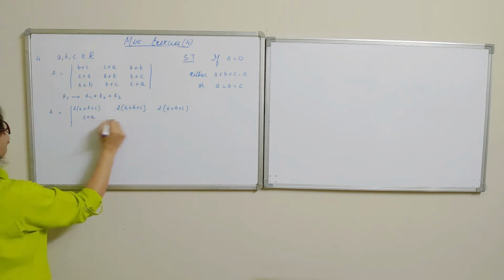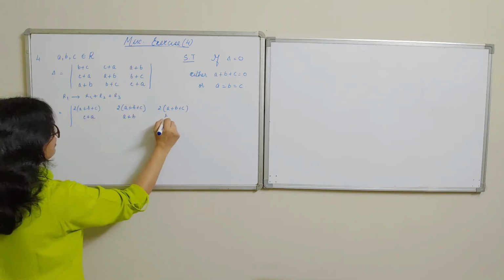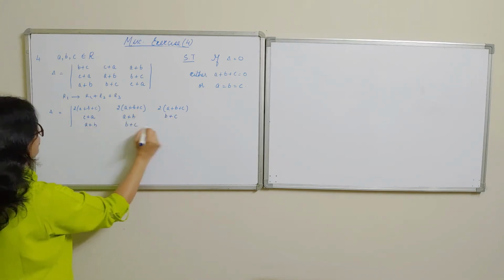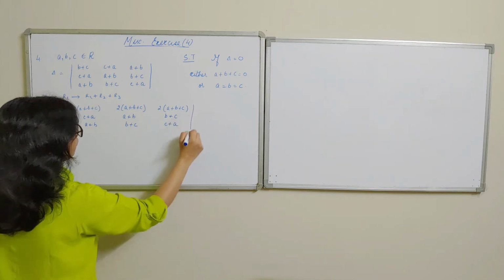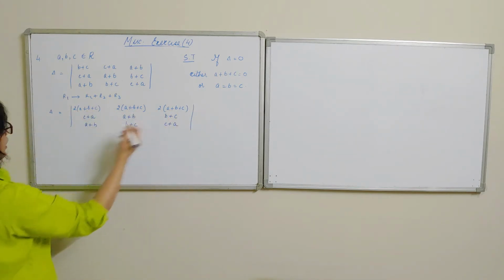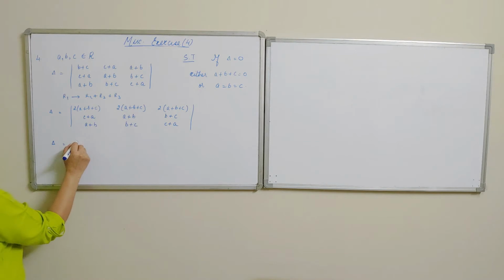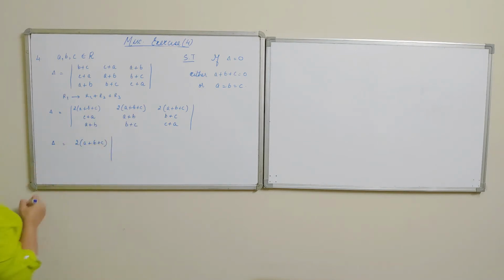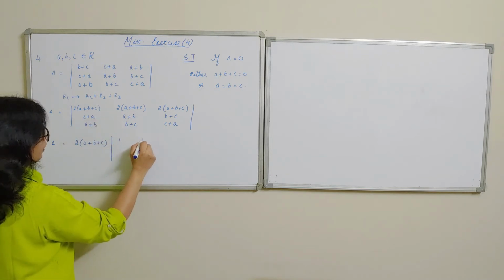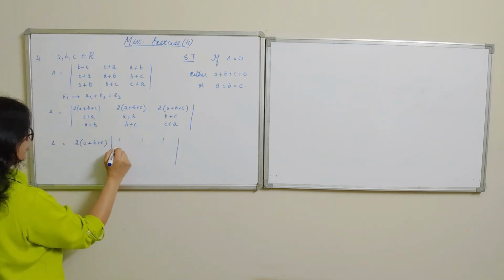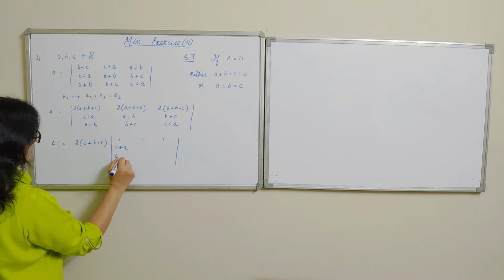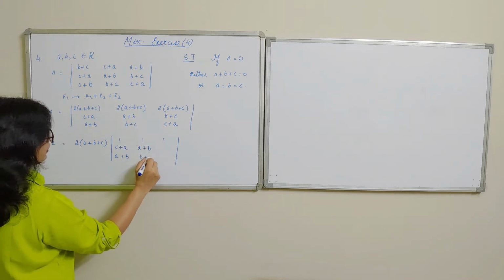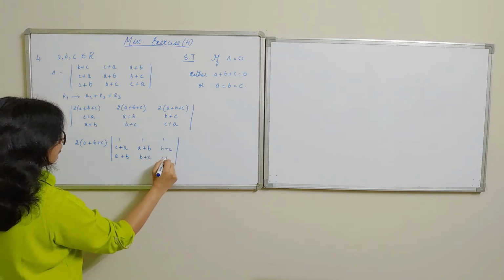The second row remains the same, likewise the third row does not change. The first row elements are all identical, so that means we can take a factor twice a plus b plus c common, right? So the first row elements are all ones. Here is c plus a, a plus b, b plus c, b plus c and c plus a.